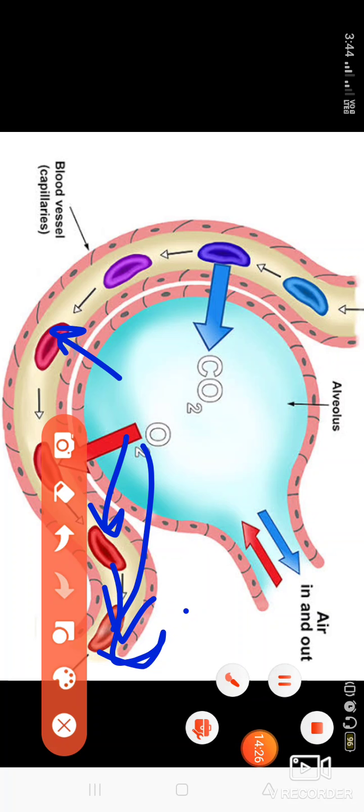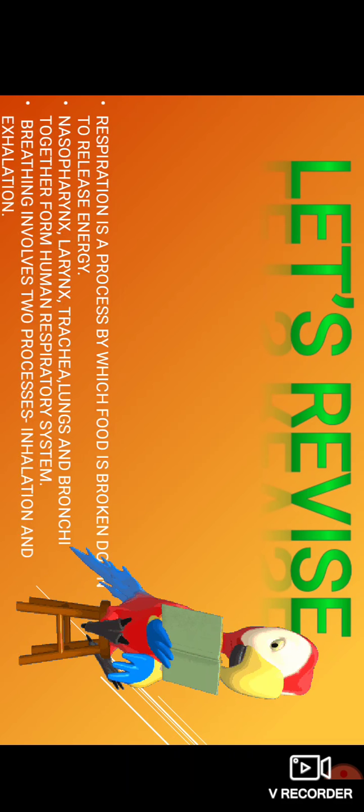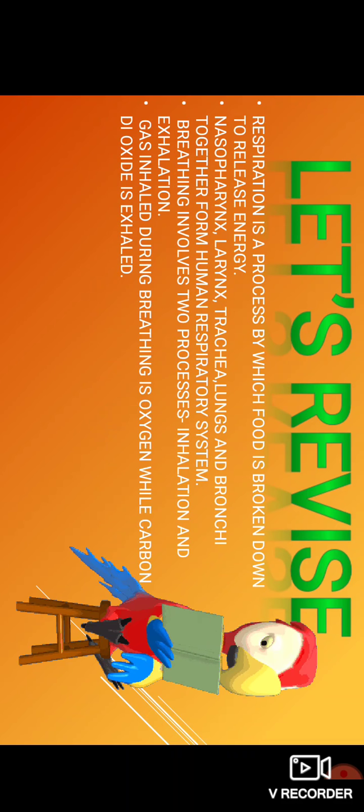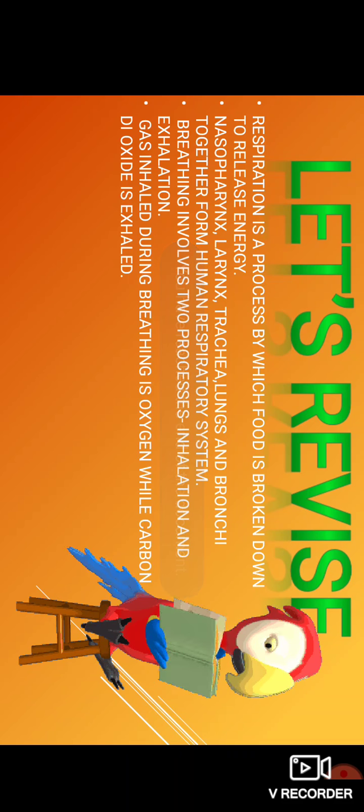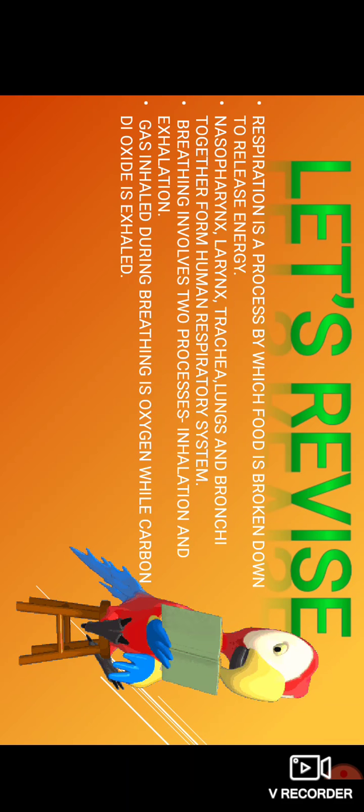On the next turn, I'll discuss with you the process of respiration in detail. So let us revise what we have learned in this chapter. Basically we have learned in this complete lesson of today that respiration is basically a process to break the food to release the energy.